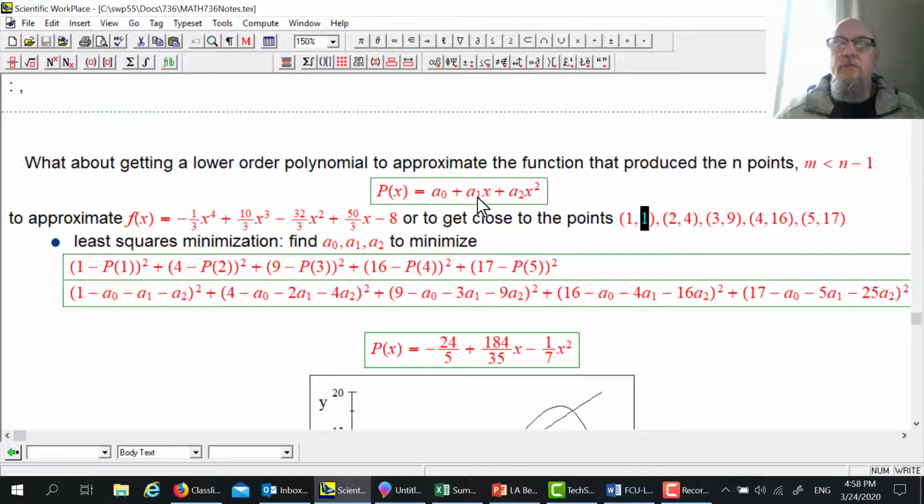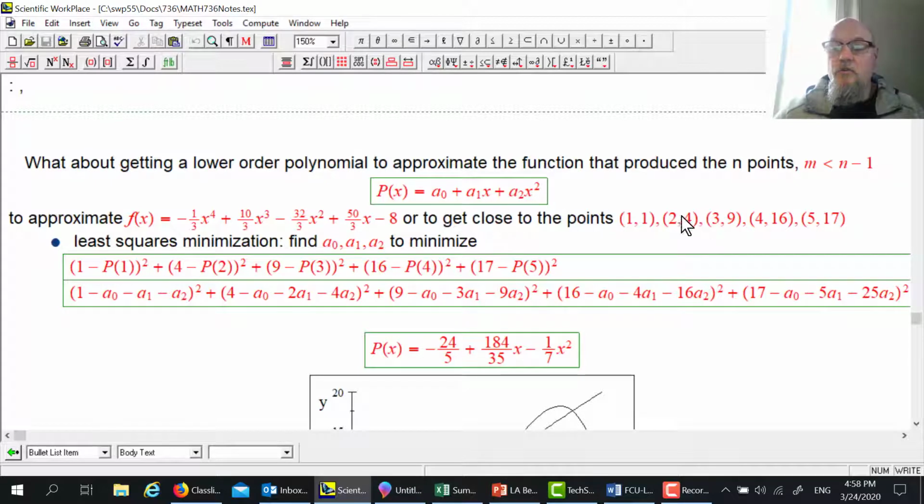I get a0 plus a1 plus a2. That's p of 1. So the difference between the 1 that I want and the output that I get for a particular a0, a1, a2 is that difference, and I square it because we're doing least squares minimization.